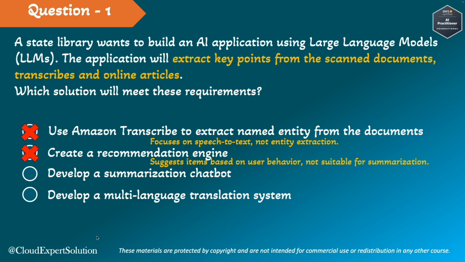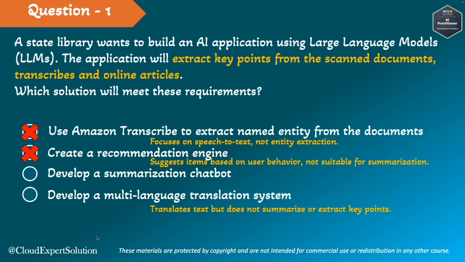The third option is saying develop a summarization chatbot. A summarization chatbot can use LLMs to extract key points from the scanned documents, transcripts, and online articles. This solution aligns well with the requirements to summarize and extract key information. Hence, this could be a potential correct answer. Let's park this option and review the last option. The last option is saying develop a multi-language translation system.